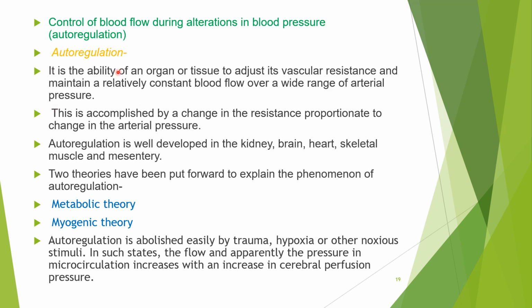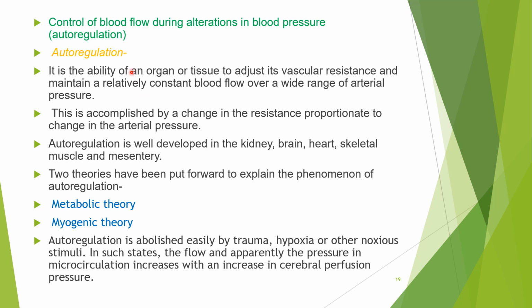This autoregulation is the ability of an organ or tissue to adjust its vascular resistance and maintain a relatively constant blood flow over a wide range of arterial pressure. So that particular organ or tissue should maintain, okay, constant blood flow irrespective of the alterations in the blood pressure.